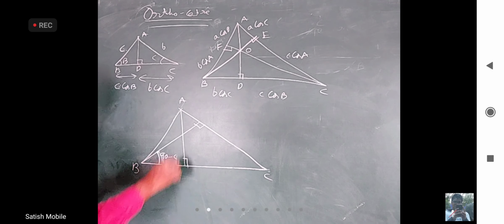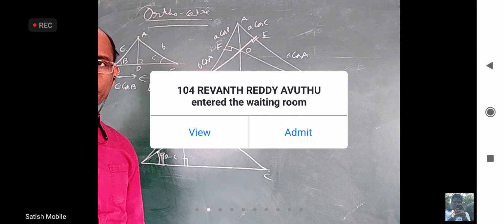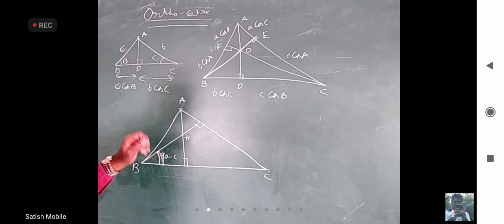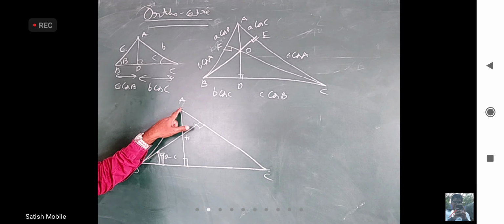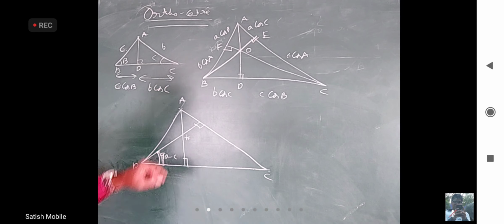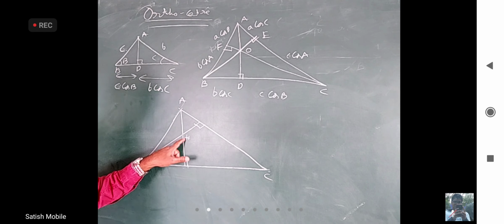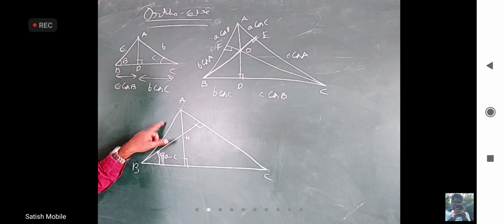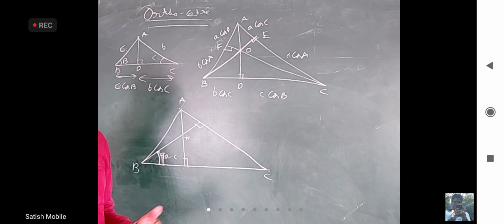Okay. What I am trying to do here is, we need formulas for the distance between orthocenter and this vertex, orthocenter and this vertex, orthocenter and this vertex. We also need orthocenter to this side, orthocenter to this side, and orthocenter to this side. We need those lengths. We want to derive those formulas.